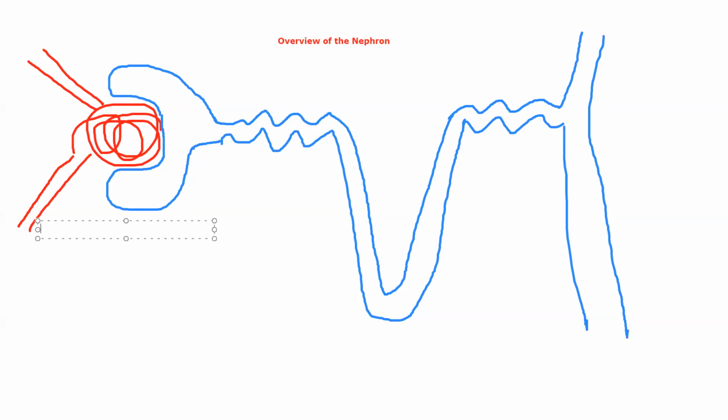So we've got this afferent arteriole, which is bringing blood towards the glomerulus. We've got our efferent branch of that, taking blood away. We've got the glomerulus here.